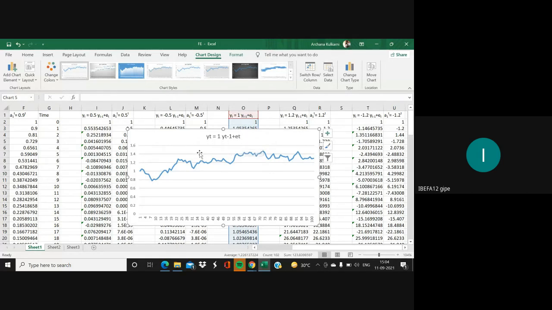So the change in Yt from period t minus 1 to t is equal to the error term at time t. Are you able to follow that?